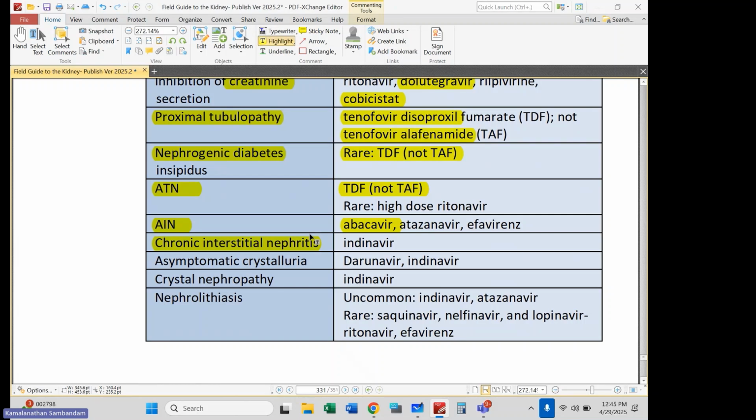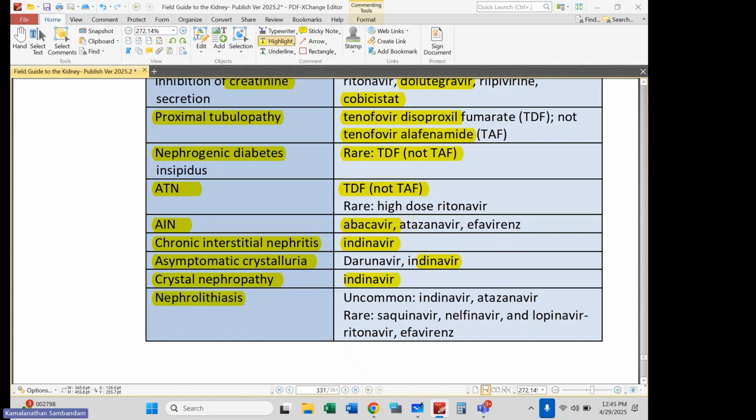Chronic interstitial nephritis was associated commonly with indinavir, as was crystalline nephropathy. However, this is a really uncommon element. This protease inhibitor is really not used anymore in modern practice of HIV treatment, but I mention it primarily for historical knowledge.